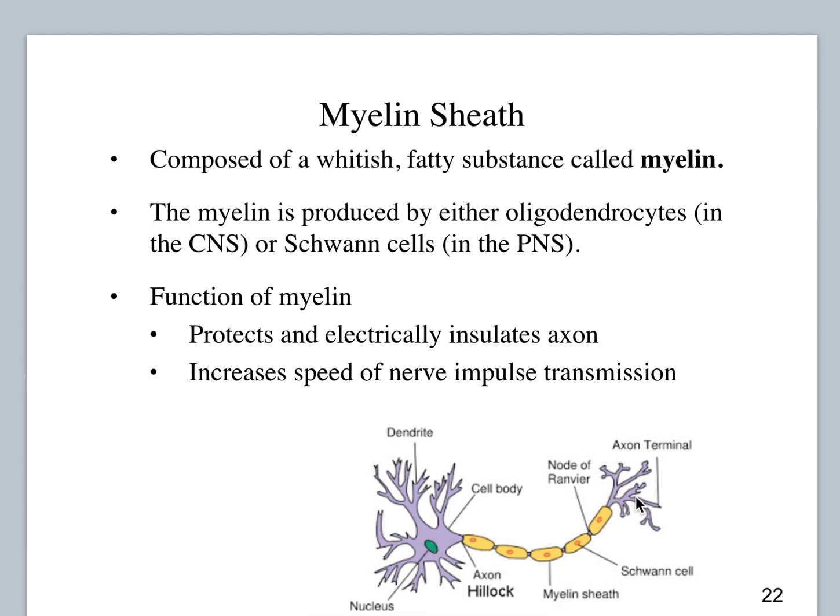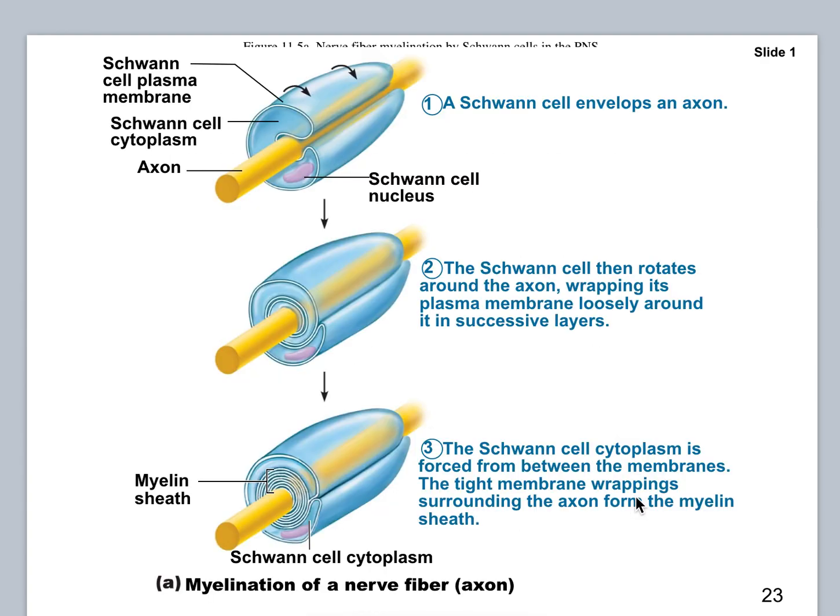The myelin that we talked about before is produced by the oligodendrocytes in the central nervous system and Schwann cells in the peripheral nervous system. The function of myelin is twofold. It protects and electrically insulates axons, and it increases the speed of nerve impulse transmission. Here's an example of how the myelin wraps around the neuron, kind of like a Swiss cake roll.